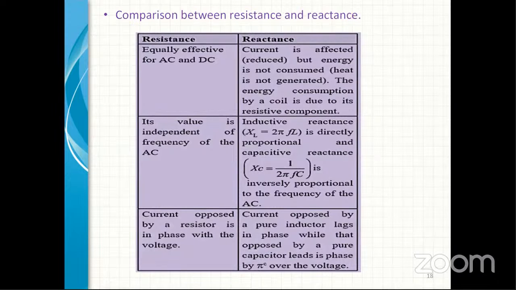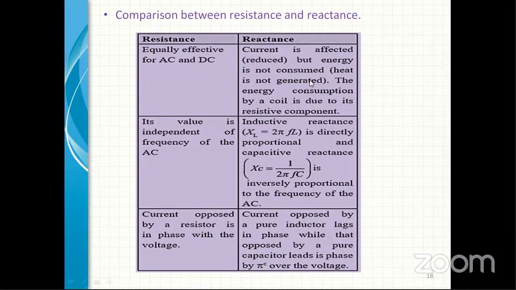Then see what is the difference between the resistance and reactance. These questions may be asked to distinguish between the resistance and reactance. The basic difference: resistance is equally effective for AC and DC. म्हणजे रेजिस्टन्सचं जे काम आहे DC करंट मध्ये घ्या किंवा AC मध्ये घ्या, अपोज करणं. आणि रिॲक्टन्सच्या बाबतीत काय आहे, current is affected and reduced but energy is not consumed.